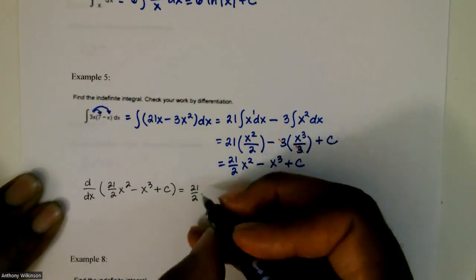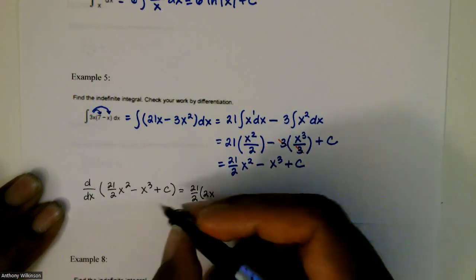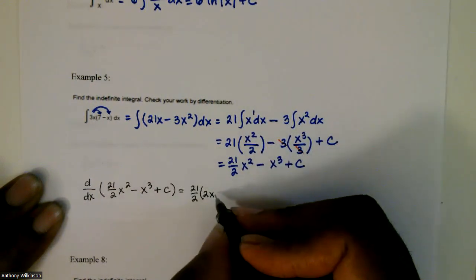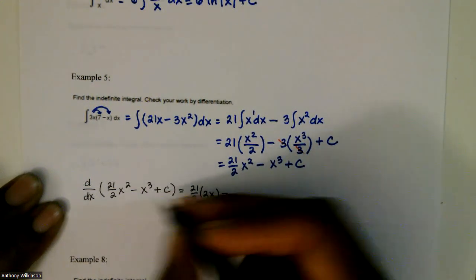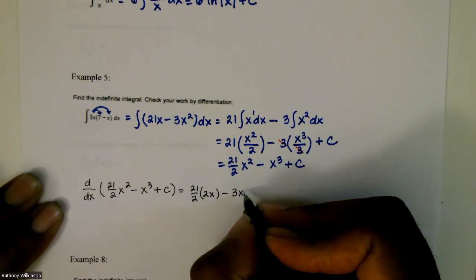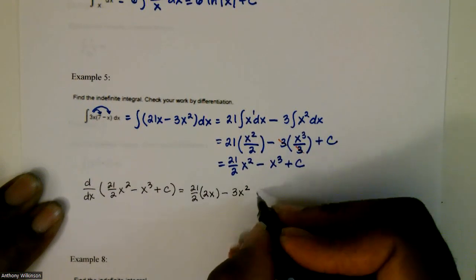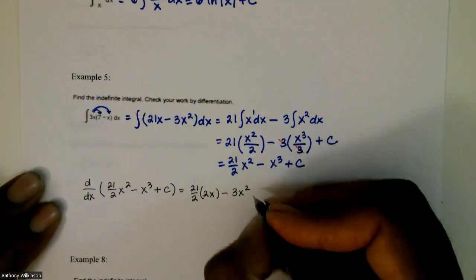For the derivative of x squared, I bring the exponent in front and copy the x over to the 1 less power, so it'll be x to the 1, or just x. Minus, for the x cubed, I bring the exponent down, that'll be 3, and copy the x over to the 1 less power, so it'll be squared. And the derivative of a constant is 0.